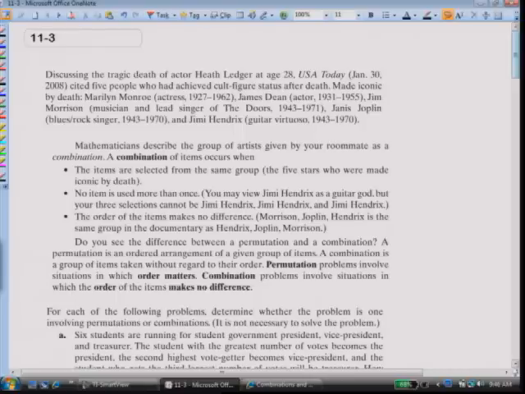In USA Today, they talked about people like Marilyn Monroe, James Dean, Jim Morrison, Janis Joplin, and Jimi Hendrix.